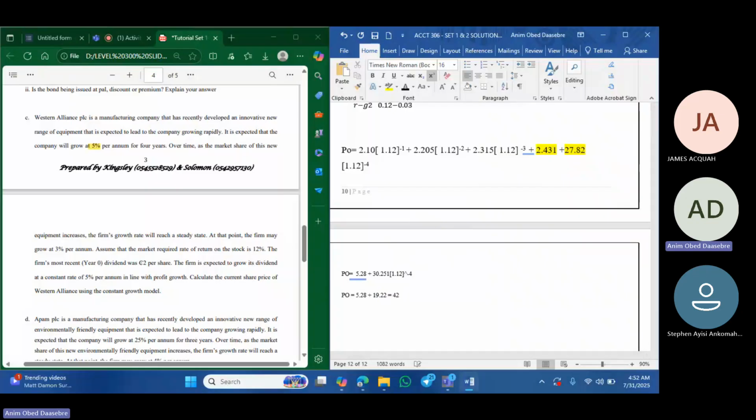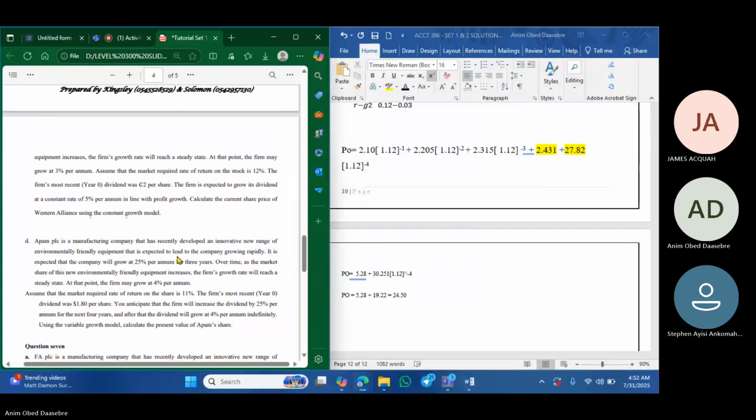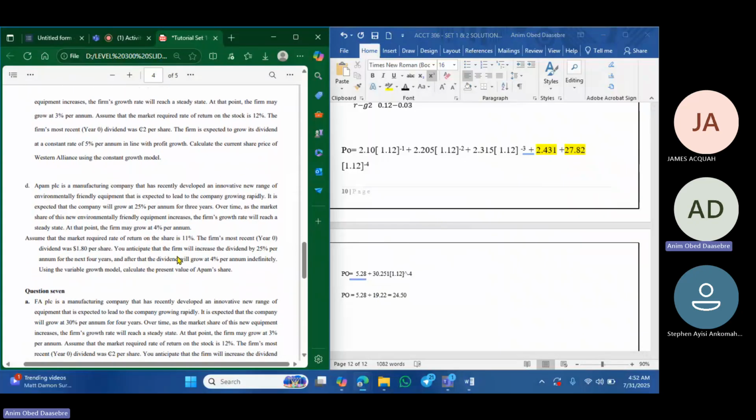Give us 24.50. So that will be the price today. So the last part of the question is the APAM PLC. You solve this and you are done.